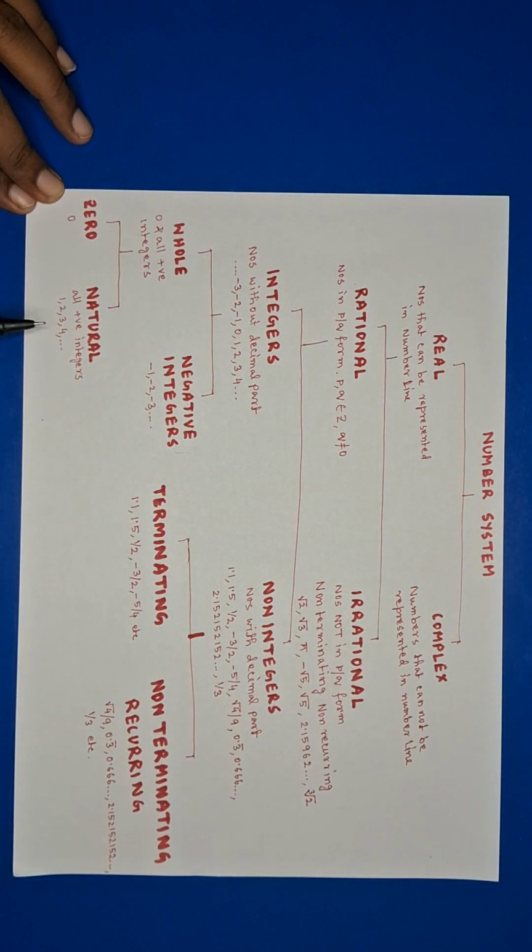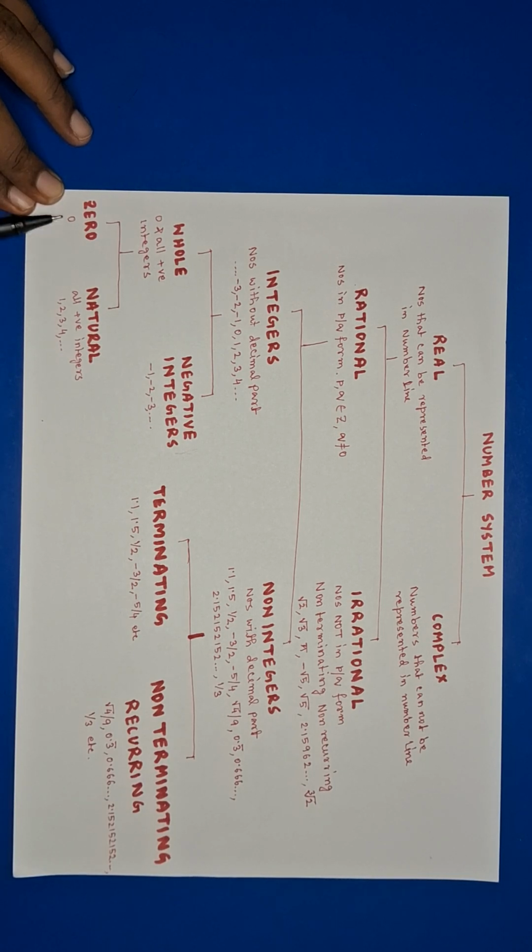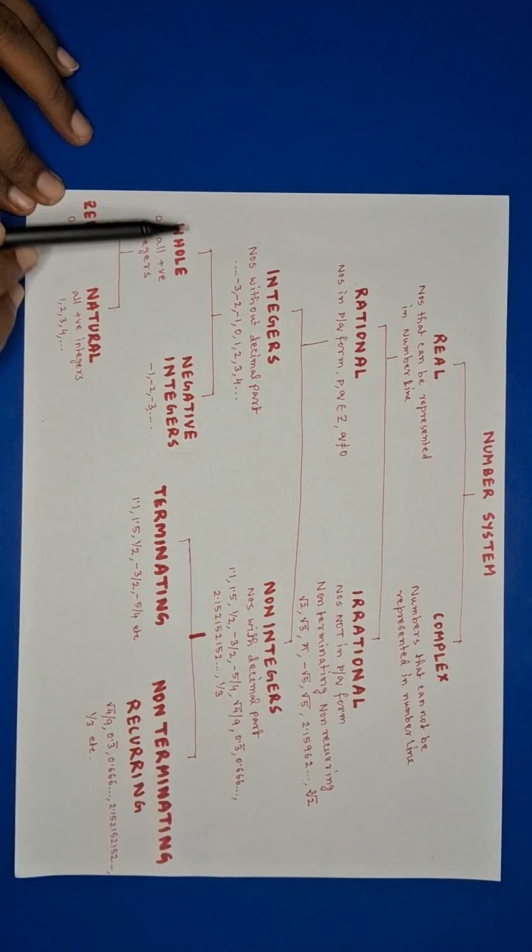First we have taken natural numbers, that is all positive integers 1, 2, 3, 4. Then if we add 0 to the natural numbers, we get whole numbers: 0 and all positive integers.